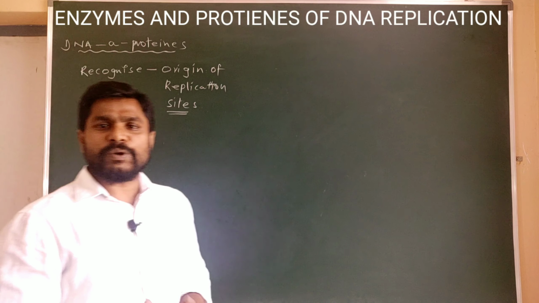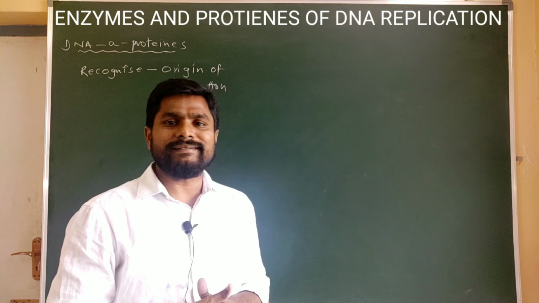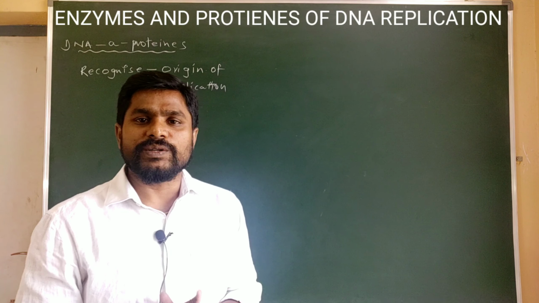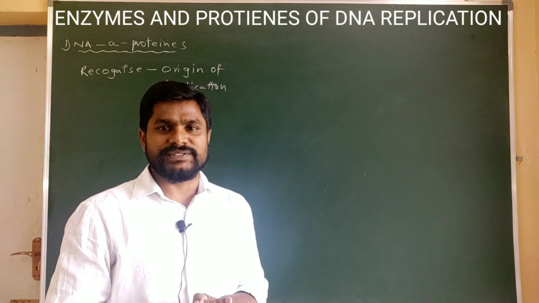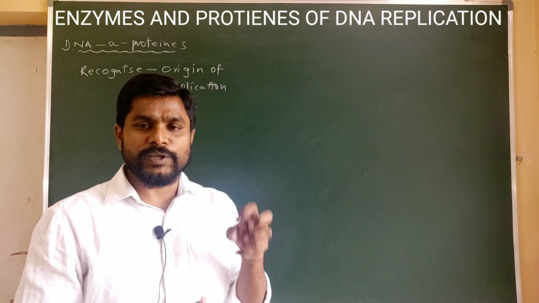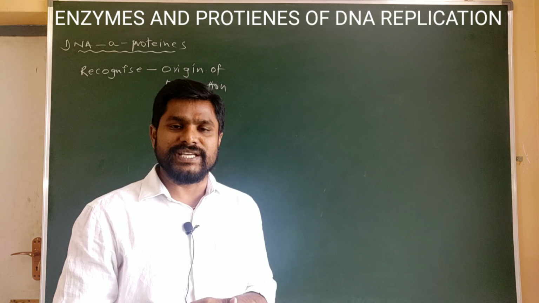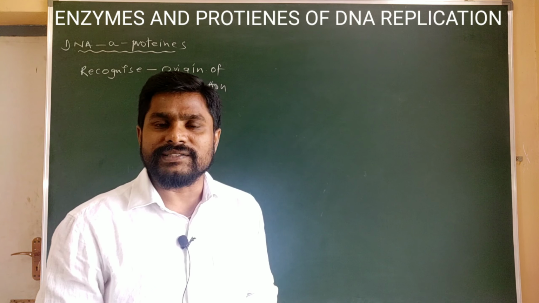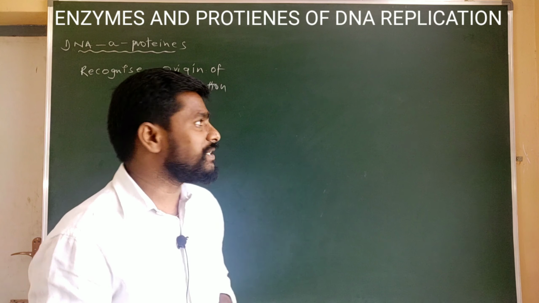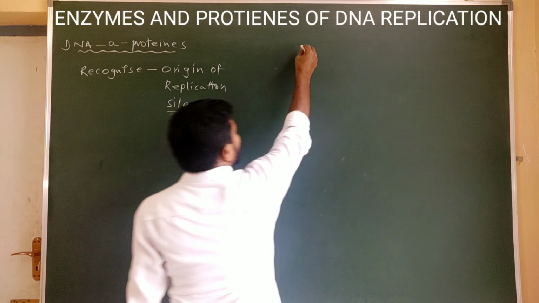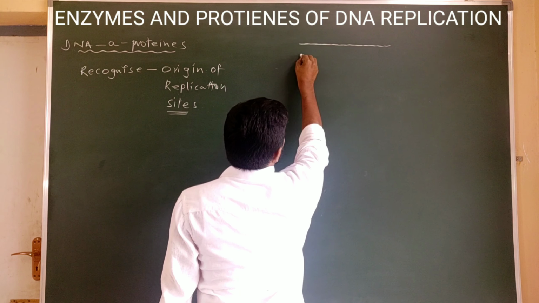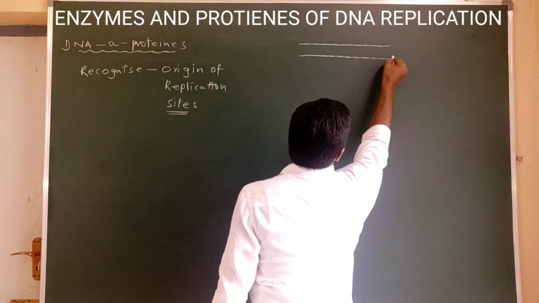Actually, the replication process does not initiate randomly at any place in the DNA molecule, but it requires certain specific regions on the DNA. Those specific regions where the process of replication initiates on DNA are termed origin of replication sites. Say this is a DNA molecule, a double-stranded DNA molecule which is going to be involved in replication.